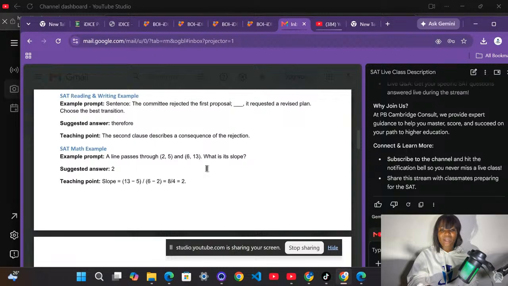Then the question is, what is its slope? Now, for the slope, remember, we're going to subtract y from y, and then x from x. We're going to divide that, and then we get our answer.